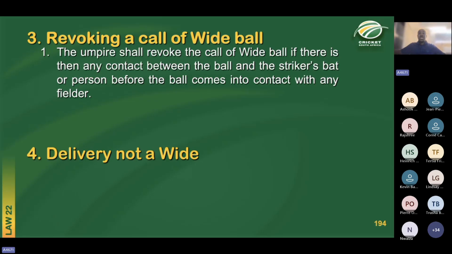We were just about to call wide because it was so wide, but take your time when calling wides. Yes, with no balls, you want to call them as early as possible, but with wides, it's quite the opposite. Wait, delay your call, make sure there wasn't any contact with the ball touching the bat or person of the striker, and make sure that it was wide of the striker before you call and signal wide.